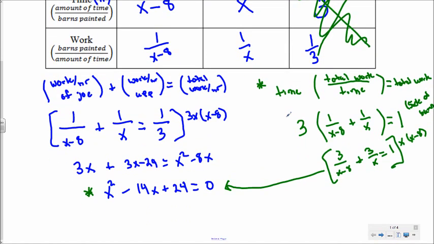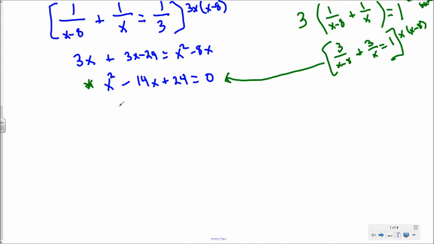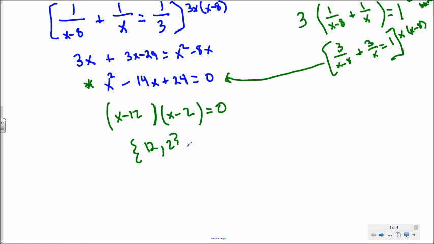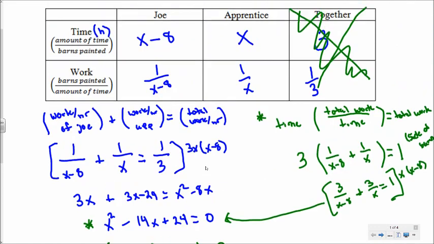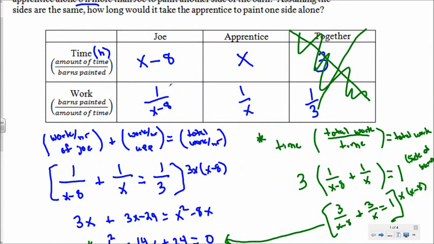So now that we've talked about two ways that you can set up the problem, let's actually finish solving it. I'd go through this by factoring the quadratic equation that I have here. And it factors to x minus 12 times x minus 2. So the two solutions I get are 12 and 2. Now it may look like both of those are valid answers, but we have to go back up here and think about things rationally.